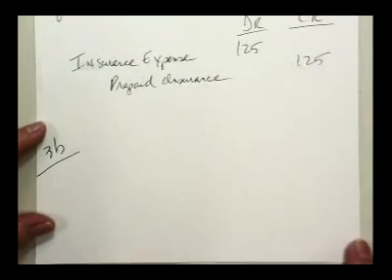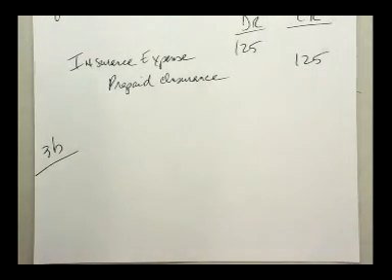Another adjustment that we have to make has to do with expenses that haven't yet been recorded. When you are employed and it's time for you to get paid, let's say you get paid monthly.